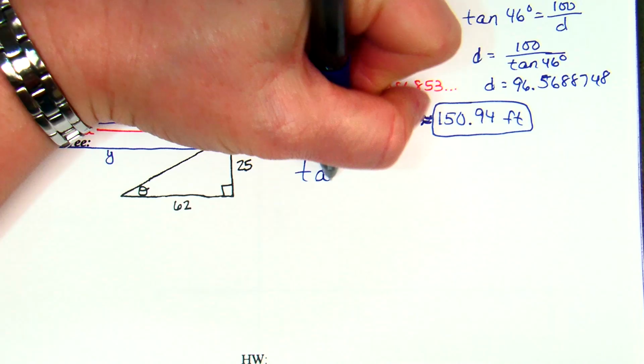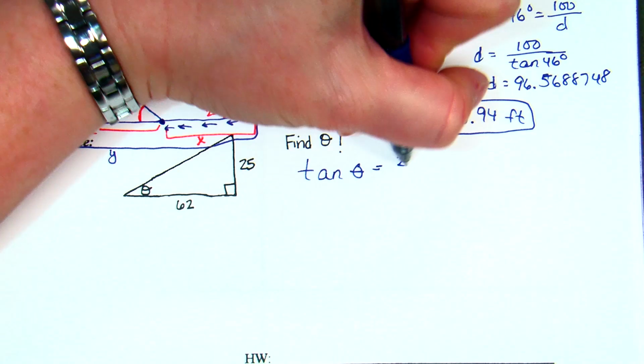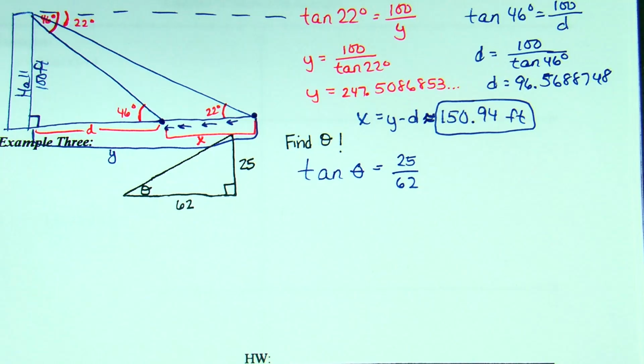Tangent of theta equals 25 over 62. Opposite over adjacent, right? Okay, so that was TOA. Tangent is opposite over adjacent. Now, do you know what to do? Yep, that's it. Now we have to define theta. I want theta equals.